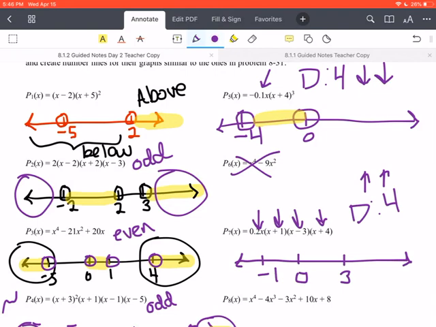Bummer, I didn't do that correctly. So let's go back. Let's call this negative 4, this negative 1, 0, and 3. So all of these are our open circles, and we said that because it's degree 4 and there's no negative, we know that on both ends it's going to shoot up in the positive direction, okay?